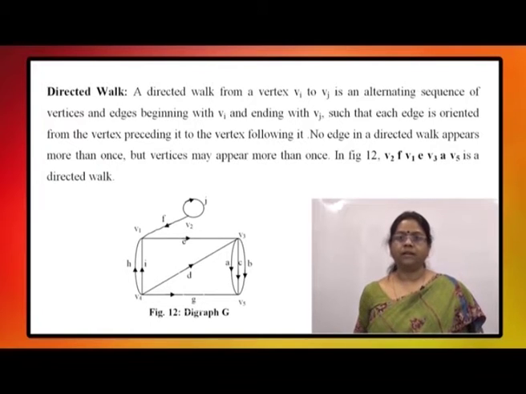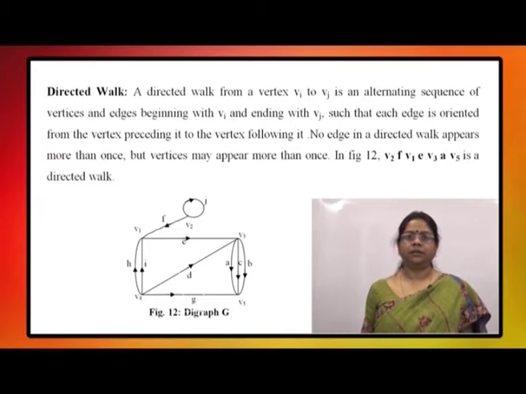In figure 12, we can see a directed walk which is v2, f, v1, e, v3, a, v5. So if the arc F is oriented from v2 to v1, arc E has to be oriented from v1 to v3, and A goes to v5 from v3. So it is a directed walk.